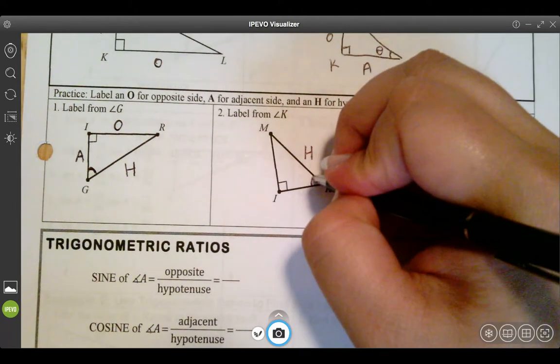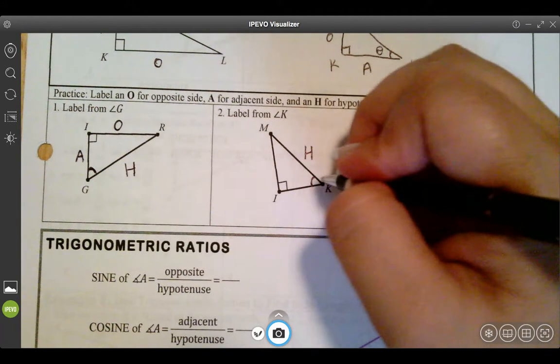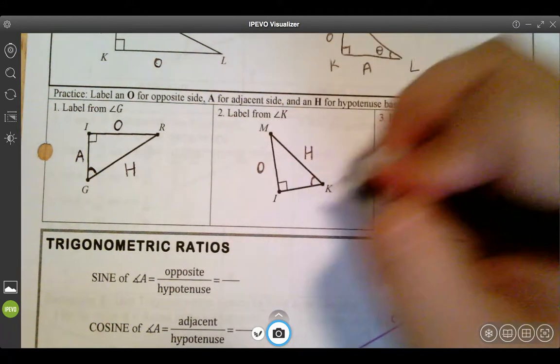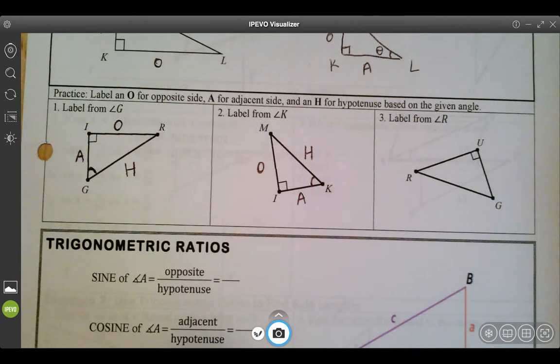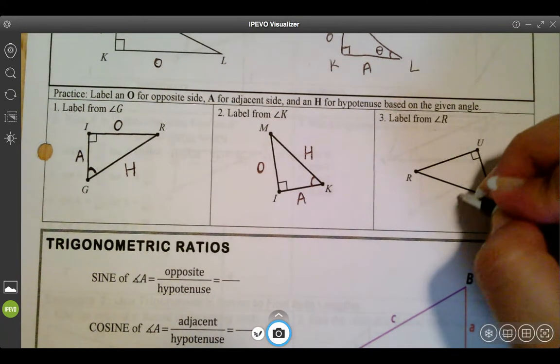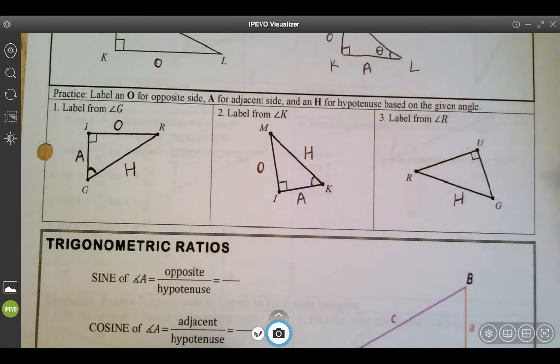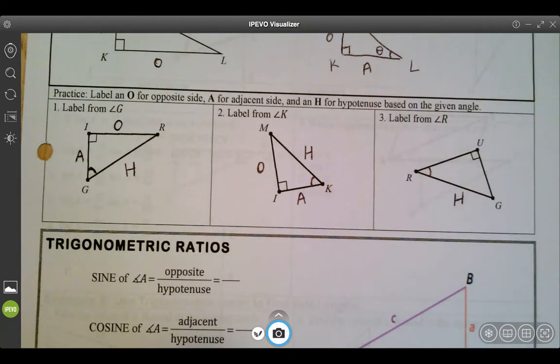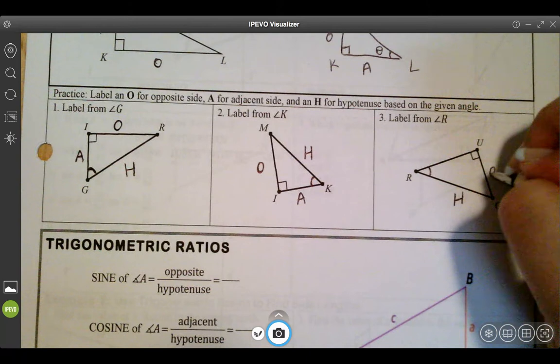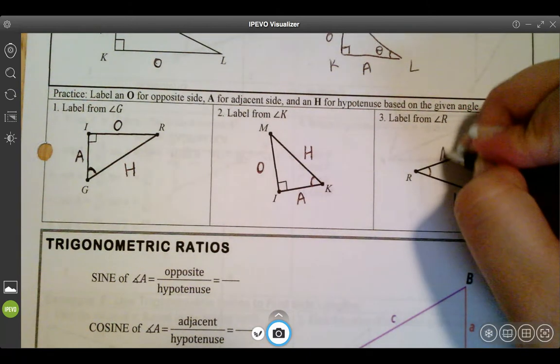Angle K is our reference angle, which makes the left side our opposite and the bottom adjacent. For number 3, hypotenuse is always across from the right angle. For opposite and adjacent, we need our reference angle, which is R. Opposite is on the right, and adjacent is at the top.